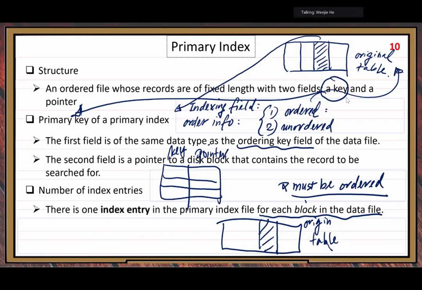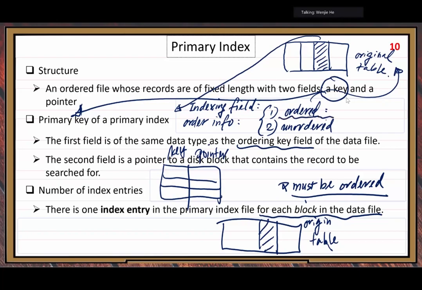In this case, for the key field in our index file, we do not need to sort, because it is already ordered.